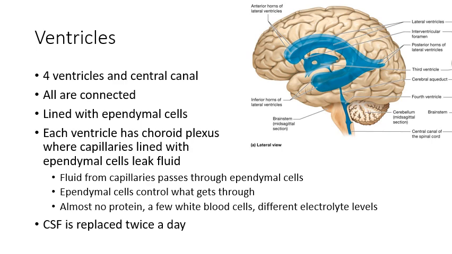So ultimately, it's derived from the blood in these parts of the ventricles called the choroid plexus, and then it circulates around the ventricles and exits into the subarachnoid space. It's continually being made and then draining into the veins. So the whole volume of CSF that you have is replaced about twice a day.